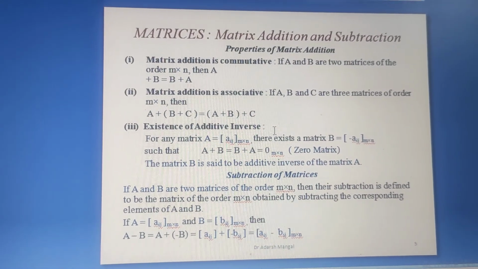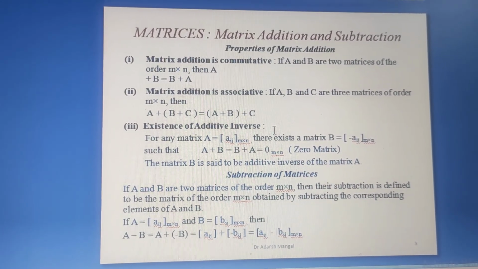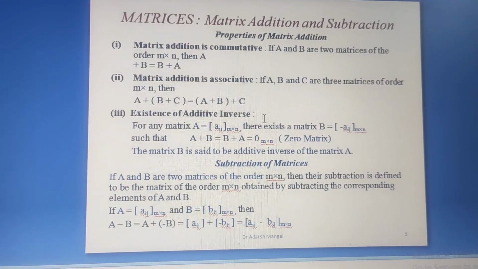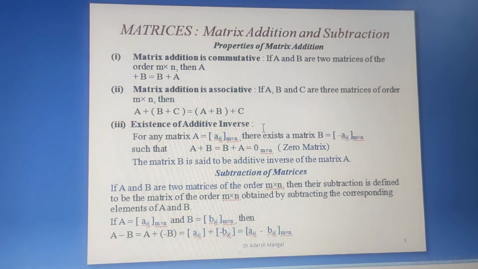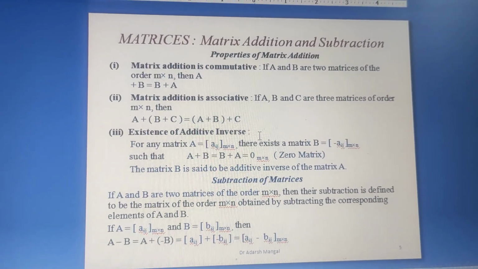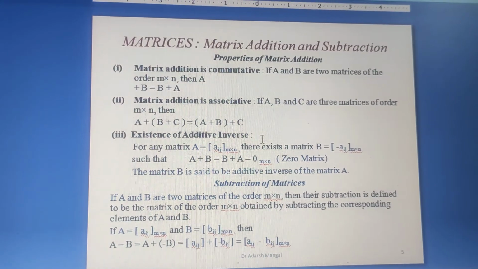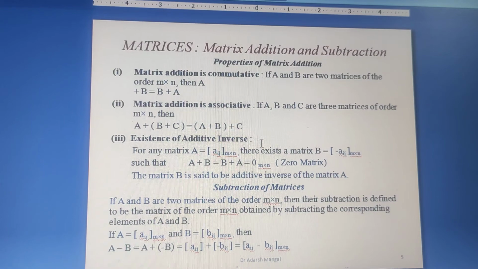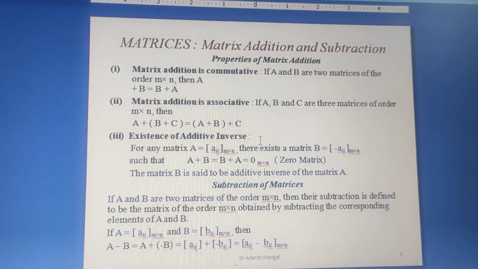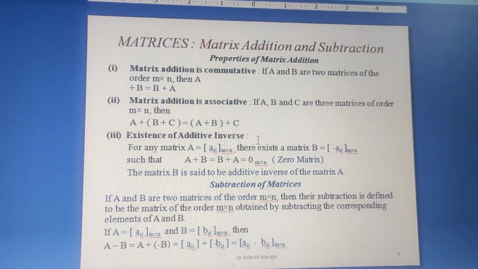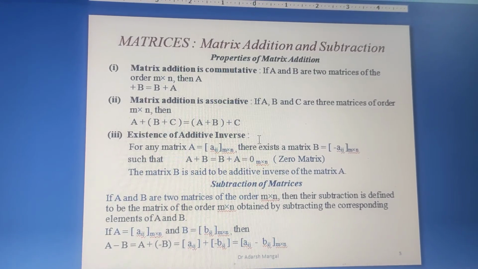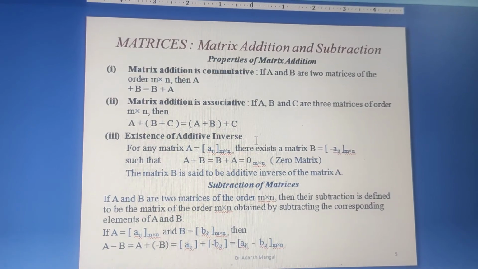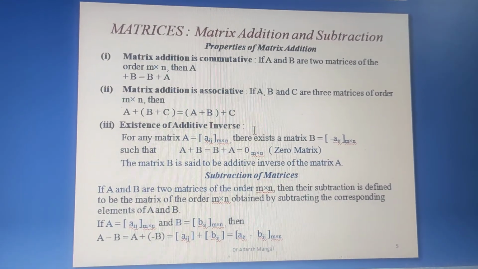Then the matrix B is said to be the additive inverse of the matrix A. For example, in number theory, if you see 2 plus minus 2, then you will get 0, so that minus 2 is the additive inverse of the element plus 2. In matrix algebra, if we have matrix A, then the additive inverse of matrix A is minus A, so that if we add A to minus A, we get the 0 matrix, the null matrix.